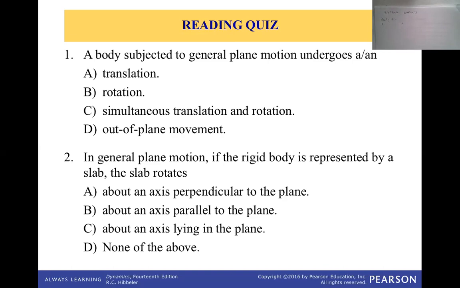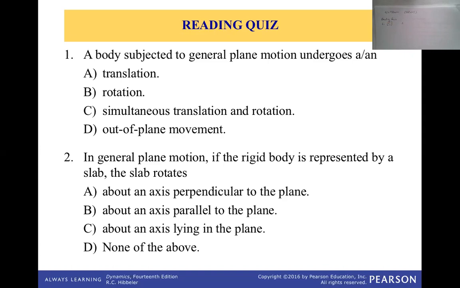Anyway, it's about the first two sentences under this section. The first sentence says the body subject to general plane motion undergoes a simultaneous translation and rotation. So that's the first problem here, and obviously the answer will be C. The second one is the second sentence here.